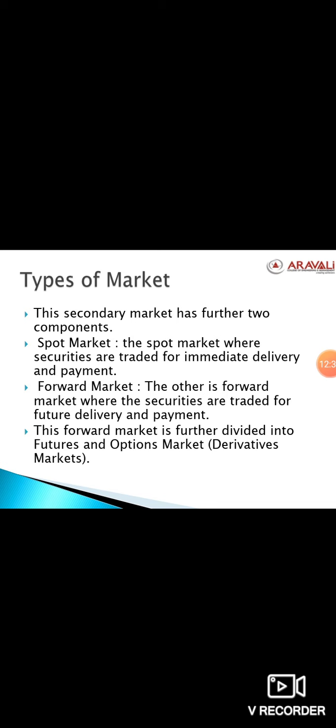In the forward market, securities are traded for future delivery and future payment, meaning the point of transaction is a future date. The forward market is further divided into futures and options markets, or we can say derivative markets.